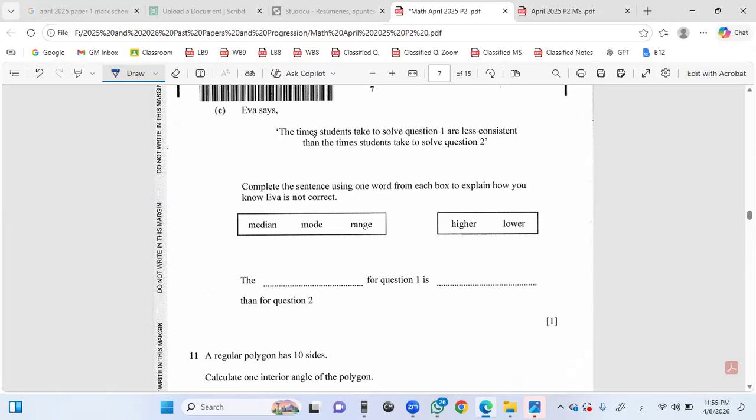Eva says the times students take to solve question one are less consistent than the times the students take to solve question two. Well, how can I compare consistency? We agreed before that you can compare with the range, you can compare the variation, if something is less variable or more variable. You can also compare the consistency.